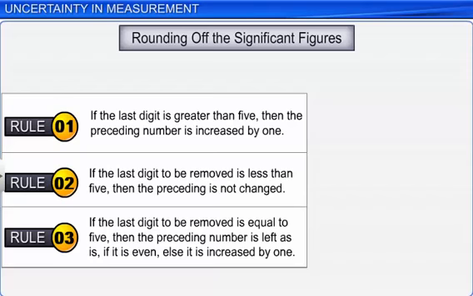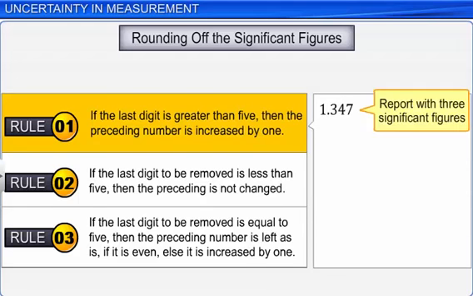Now let's look at the rules for rounding off significant figures. The first rule is, if the last digit is greater than 5, then the preceding number is increased by 1. For example, in 1.347, if 7 has to be dropped, then the number is rounded off to 1.35.